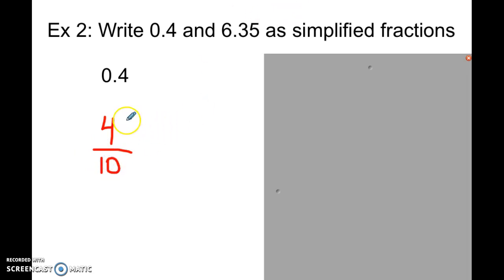From here we can simplify. Both 4 and 10 are evenly divisible by 2. 4 divided by 2 is 2. 10 divided by 2 is 5. So 4 tenths can be expressed as the fraction 2/5.